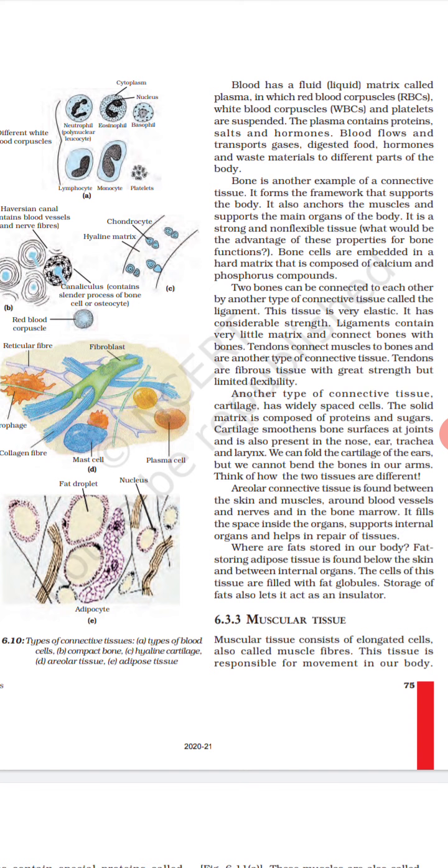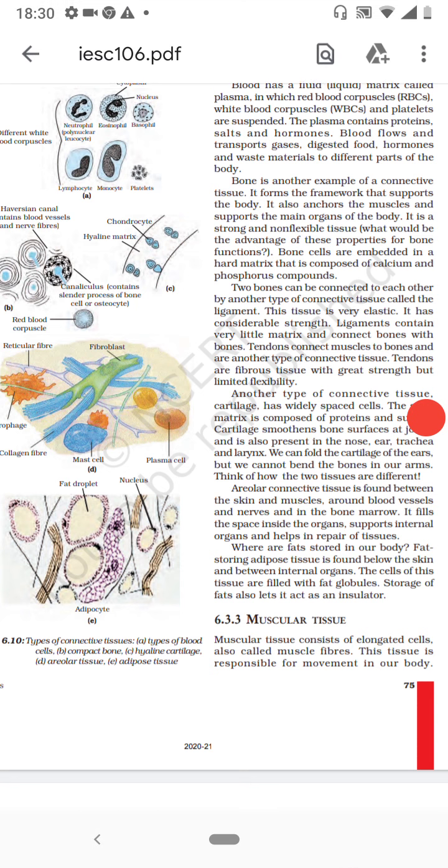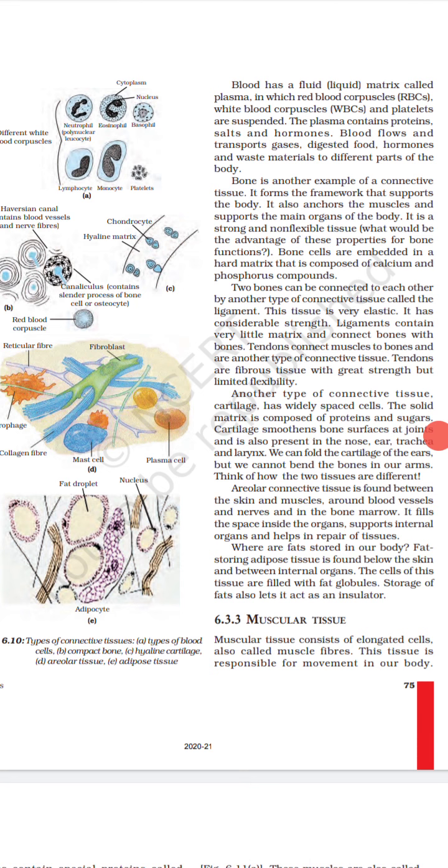Now tell me, what are the various components of blood? We have been studying about the components of blood from class 6th or 7th. Blood contains 4 major components: RBC, WBC, platelets and plasma.